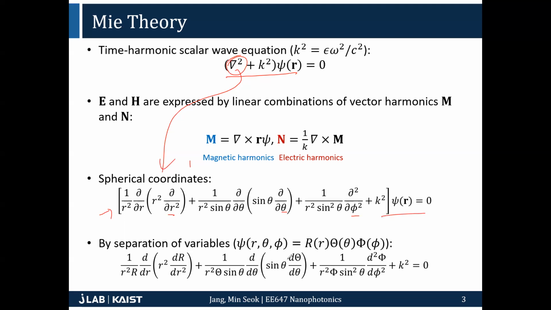And then here's the simple technique called separation of variables. So what we do is we separate psi, which is a function of r, theta, and phi, as a product of r function and theta function and phi function, which are only dependent on r, theta, phi.